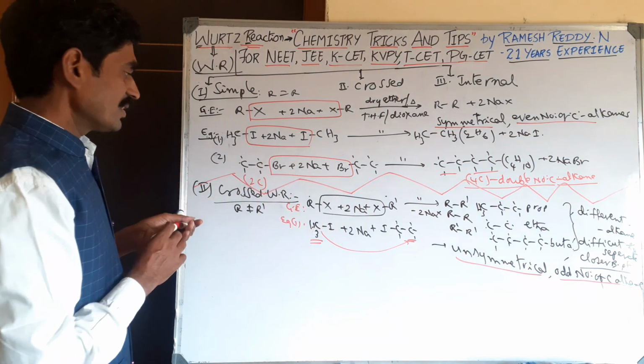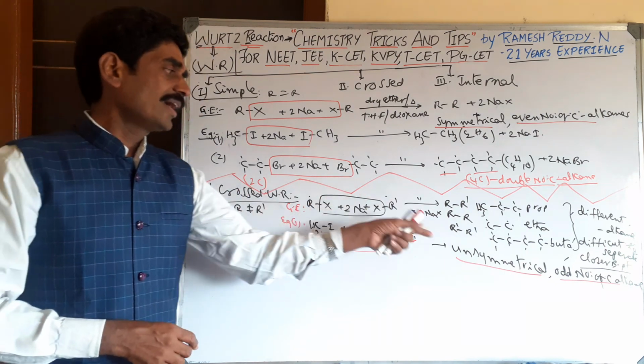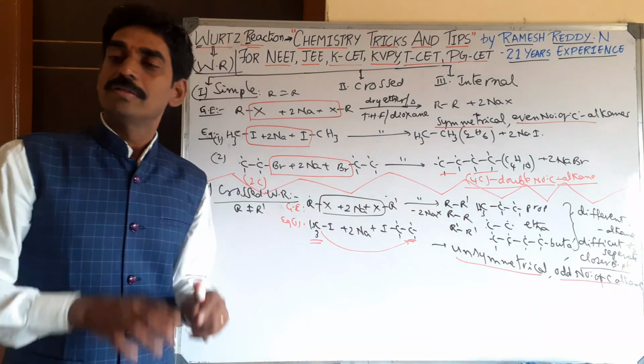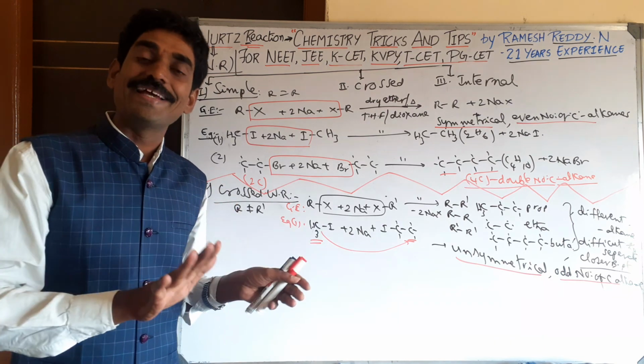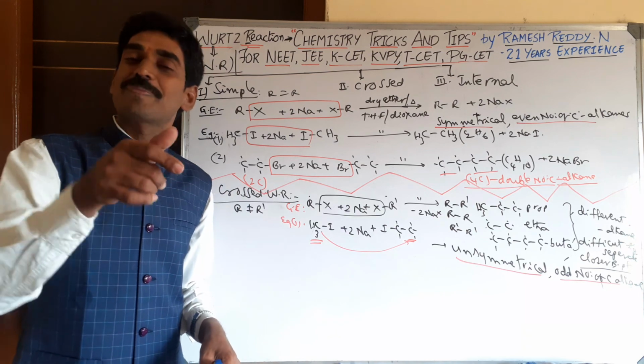That's why the cross-Wurtz reaction is not much practiced to prepare unsymmetrical alkanes, because you get different alkanes and it is very difficult to separate them.